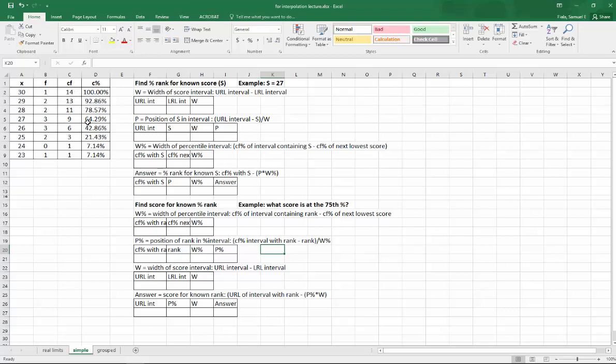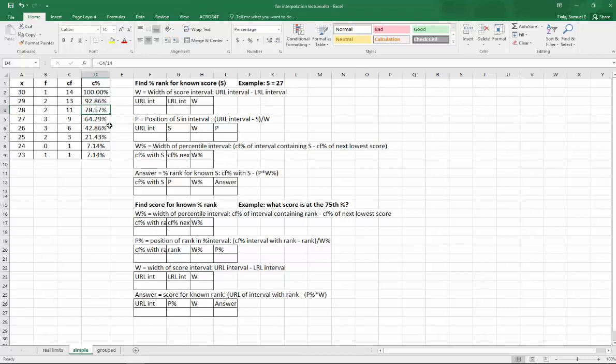Right? And an important thing to note before we get started with all these formulas is everywhere you see a score, so let's say this 28, you think, okay, well, 28, cumulative percentile is 78.57, so the score at the 78.57th percentile is 28, right?